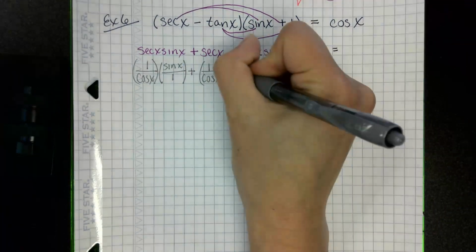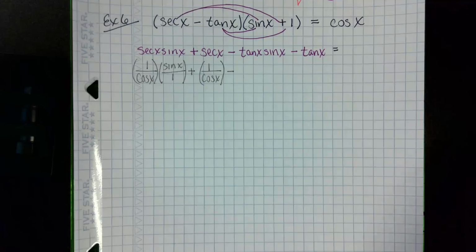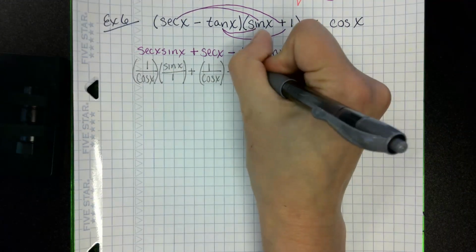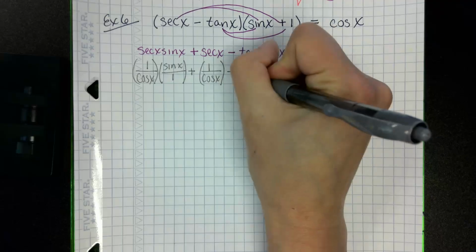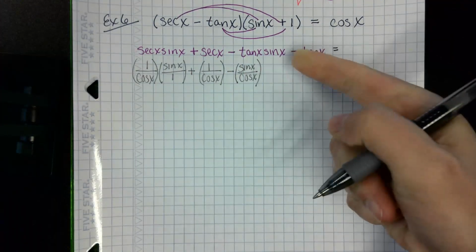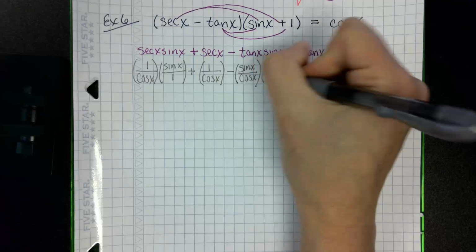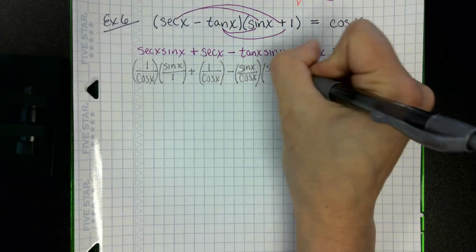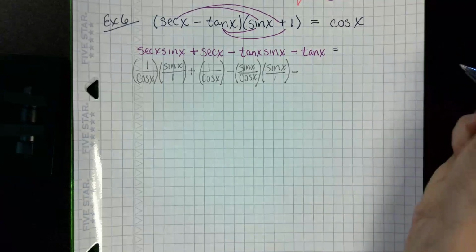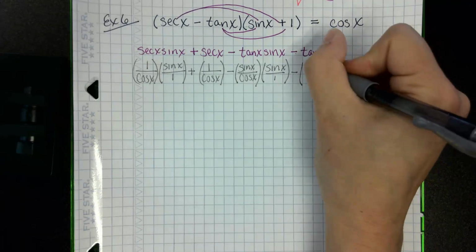A minus sign is a minus sign. Tangent x is sine over cosine. So sine x over cosine x. There's a sine x. I'm going to write it as a fraction. So sine over 1. Minus sign is a minus sign. Tangent is sine over cosine.